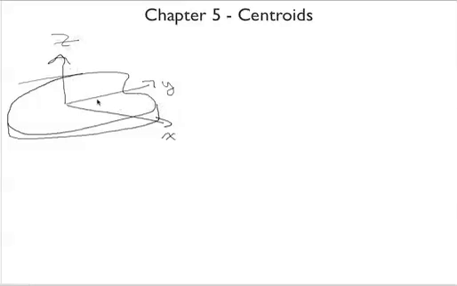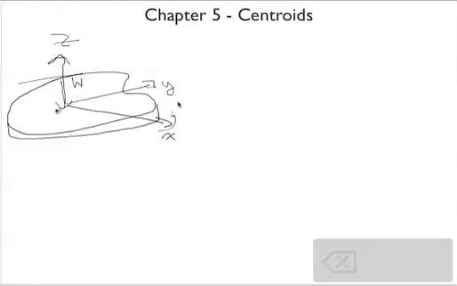Basically the weight generates a moment, because the weight acts downward somewhere. We don't know where, but the total weight W is going to act downward through some point, and we want to figure out where that point is. This weight tends to cause rotation about the x-axis and about the y-axis, not about the z-axis, because this weight is all pointing downward.